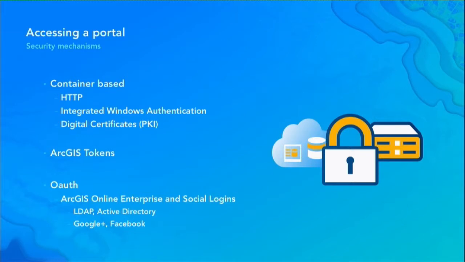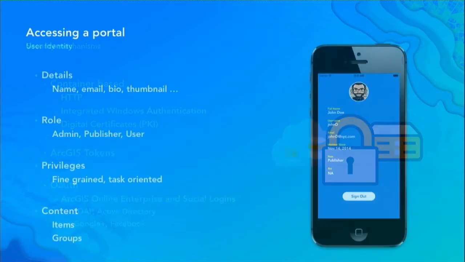We support OAuth, which is a really easy way to hand off all the authentication to the backend system, where the app developer doesn't need to handle the username or password, and it's incredibly secure, and allows you to integrate with third-party identity providers like Facebook or Google Plus for social logins, or even enterprise identity providers, like your Active Directory or Okta or LDAP.